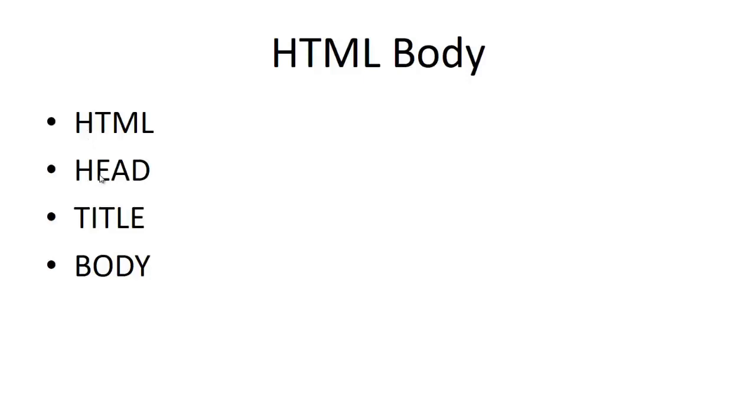If you think about a human body, you have the head, and then right below that, you could have a name tag, like the title. And then right below that, you have a body, and of course you have your feet and everything like that. That's probably the easiest way to think about it. If you can think of a stick figure, you've got the HTML guy, he's got a head, and then he's got a name tag, that's a title, and then he's got a body. If you can remember that, then it's fairly easy to understand when I move on to video number 2 and break it down for you.